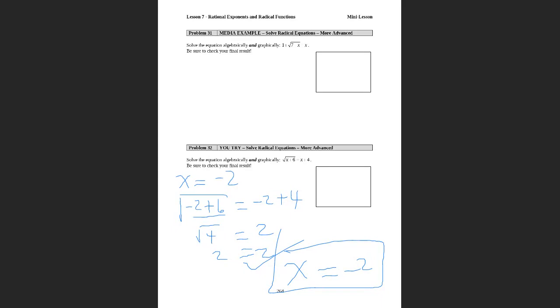Now let's look at this practical problem. Voltage through a circuit is determined by the formula V equals the square root of PR, where P is power measured in watts, R is resistance measured in ohms.